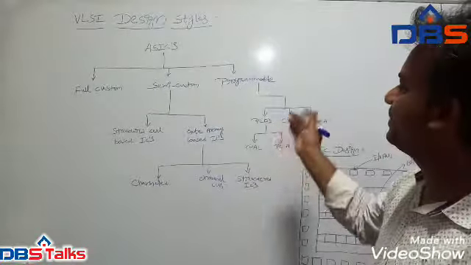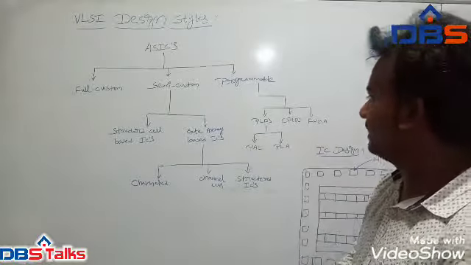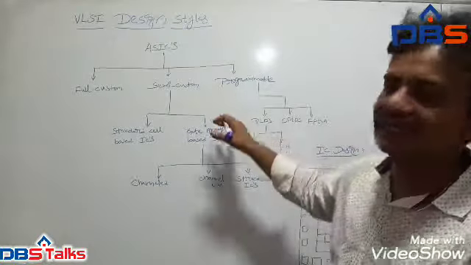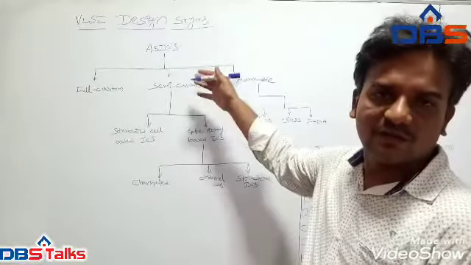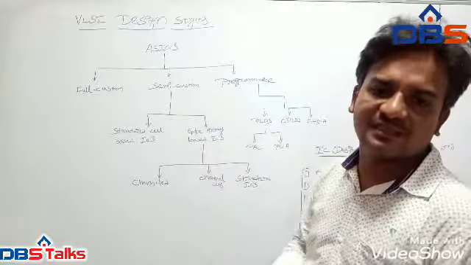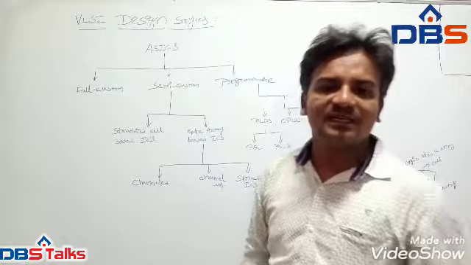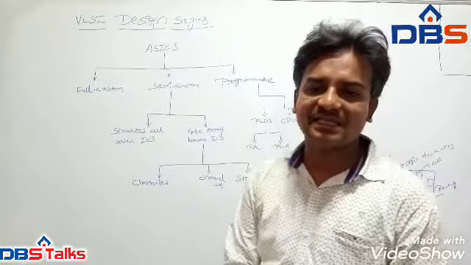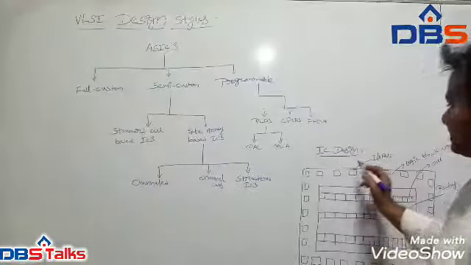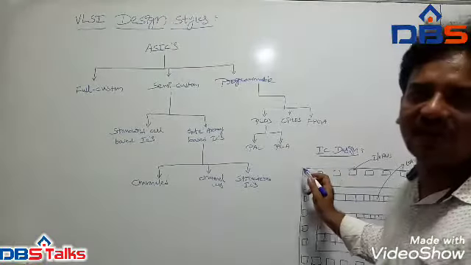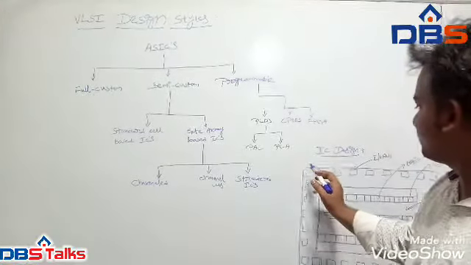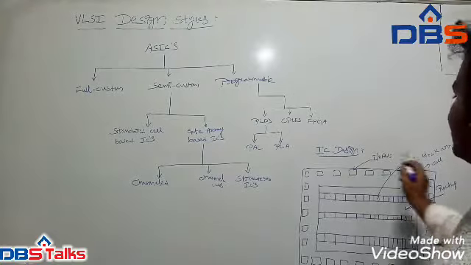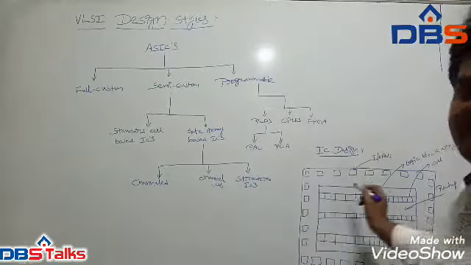Again these will be subdivided into some categories. So we will see in detail one by one in a serial manner. So the full custom IC is one of the structures of how the IC or the logic block will be represented within the IC or within the motherboard.